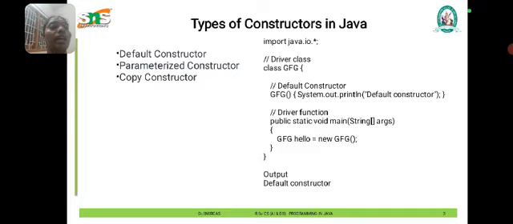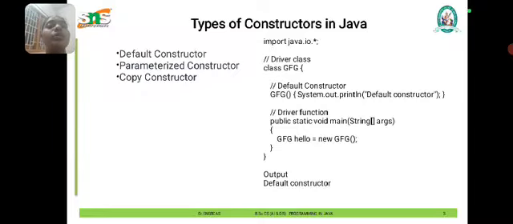The same name is the function definition name, and inside it displays the default constructor message. After that, define a main function passing String args, and inside it create an object for the gfg class, hello, using the new operator, which indirectly calls the gfg function. Now the output displayed is default constructor.